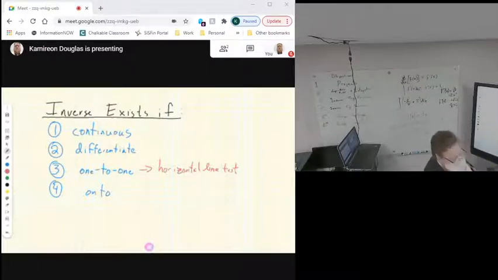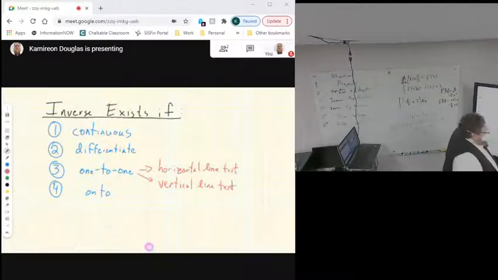If I have one input, there's only one output. If I have one output, there's only one input. So it has to pass the horizontal line test and the vertical line test. One-to-one means every input has a unique output, and every output has a unique input.